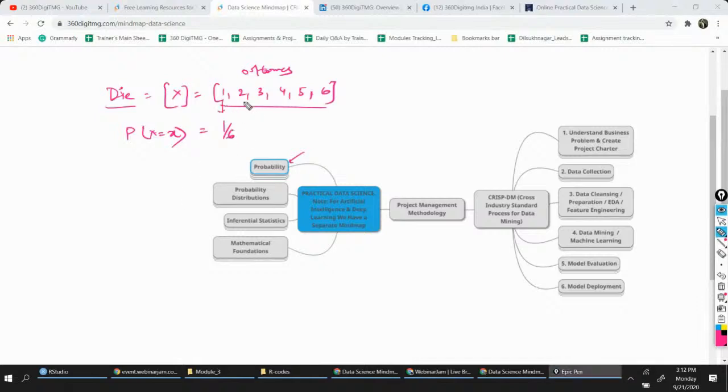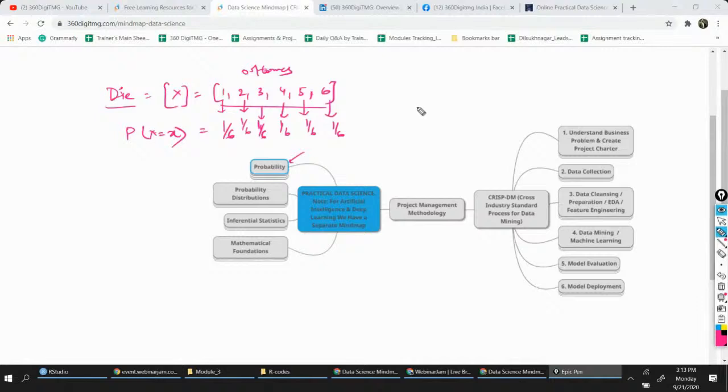For 1, it is 1 by 6. For 2 also it is 1 by 6. For 3 also it is 1 by 6. For 4 also it is 1 by 6, 1 by 6, 1 by 6. So all the possible outcomes here have an equal opportunity.